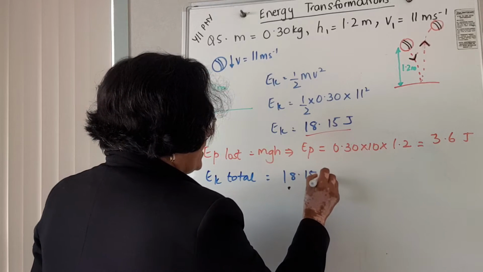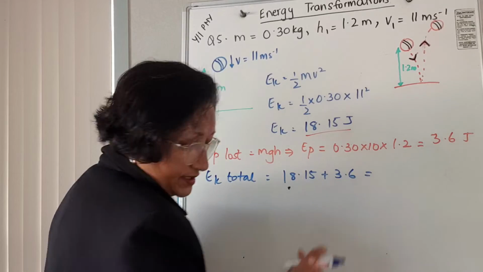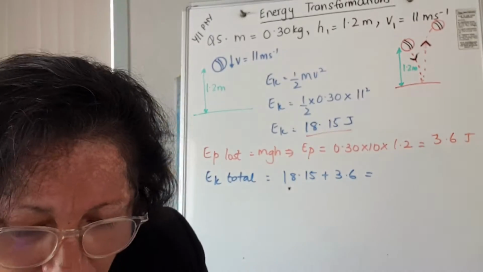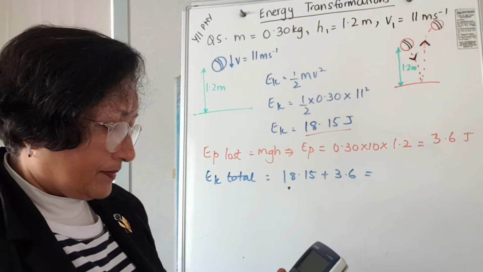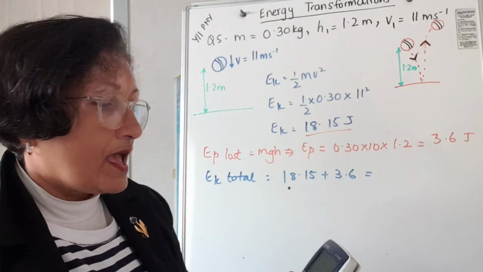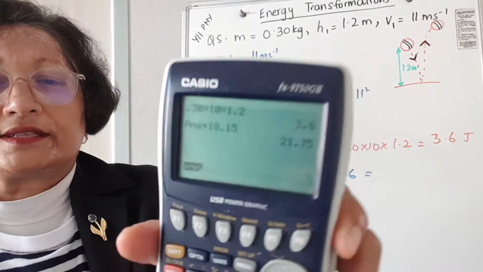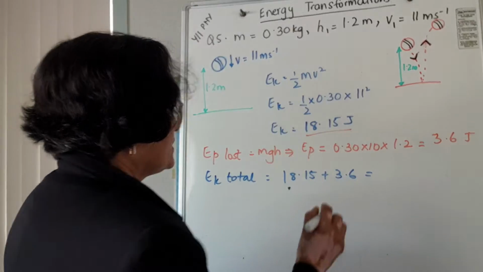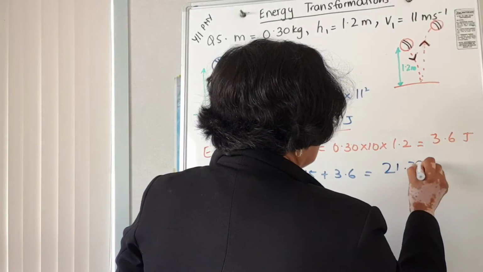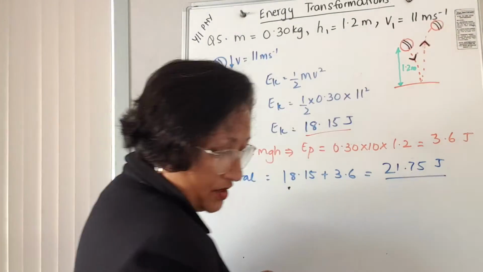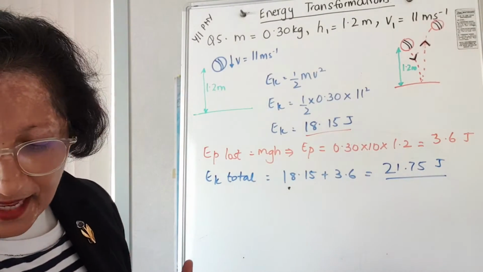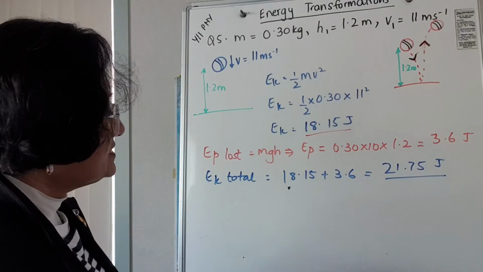So 18.15 plus 3.6, you put that in your calculator and you end up with 21.75 joules.